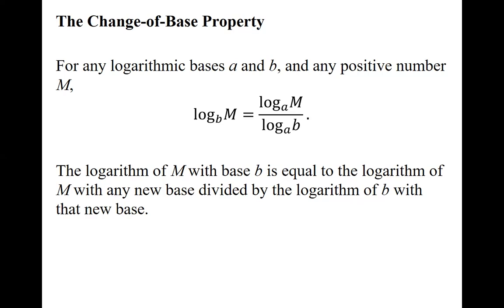What? It means we can change to any base we want. In this instance, we're changing to a base a by taking the log of the big number over the log of the little number.